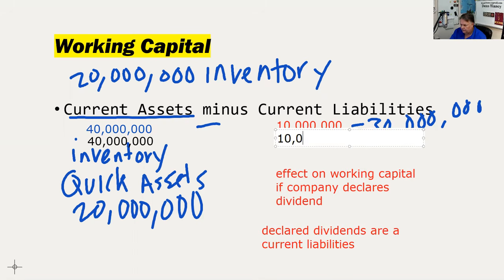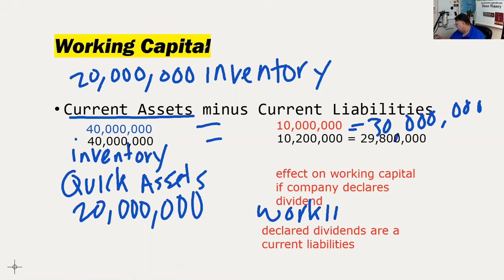So now we owe $10,200,000. That means our working capital is now going to be $29,800,000. And what I've illustrated there, I don't think you're going to have to do the math on the test here. What I'm illustrating, however, is that the effect of declaring a dividend is it makes working capital decrease.